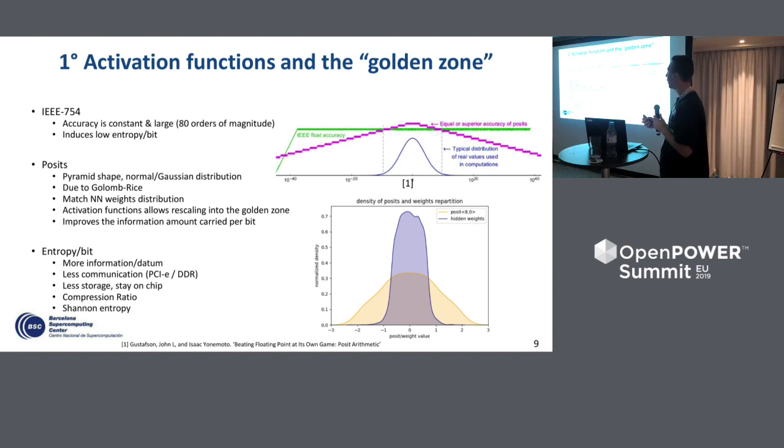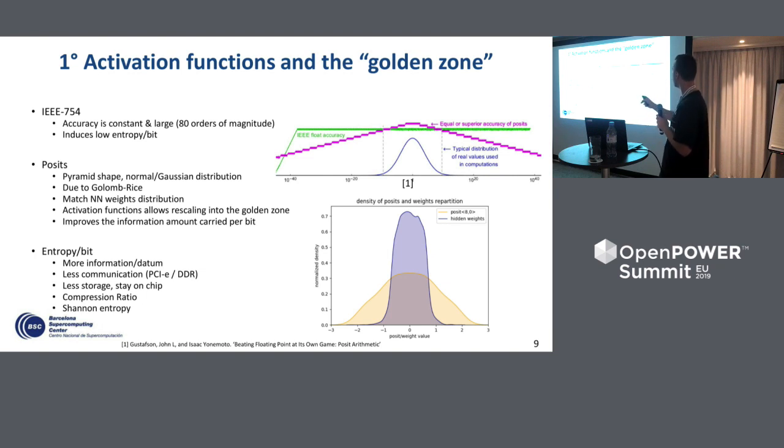Unlike the Posit, due to the Golomb-Rice encoding, you can gain space in the exponent part, because you know that your value will be near 0, for instance. So if you reduce bits near this value, you have more space for the mantissa part.